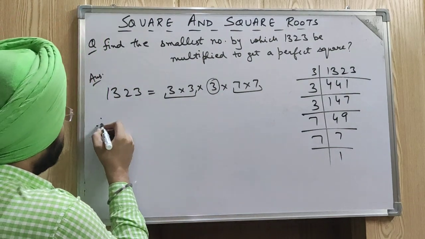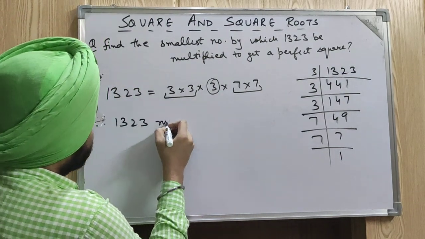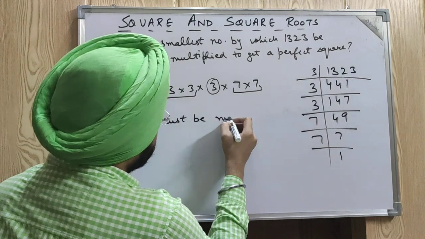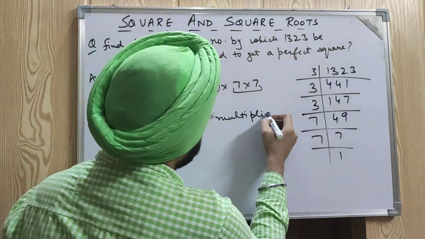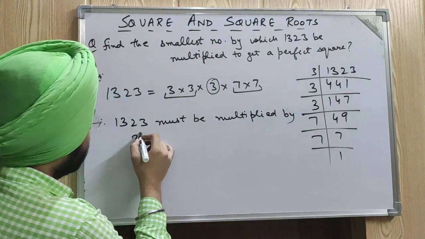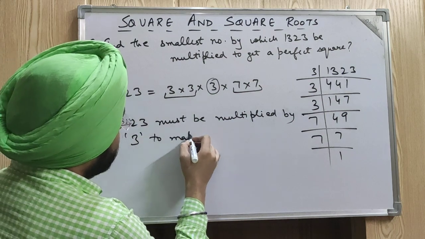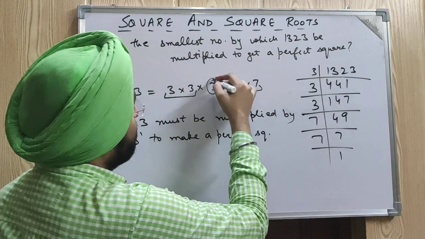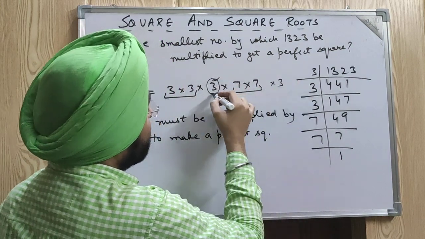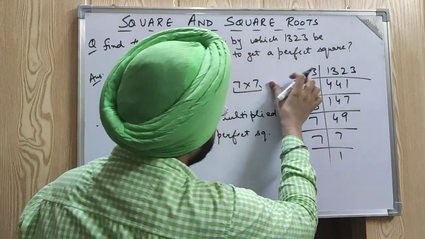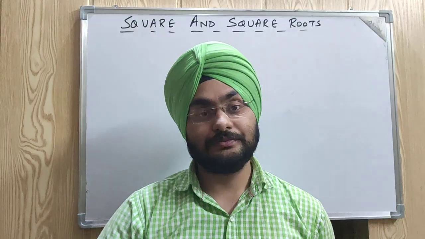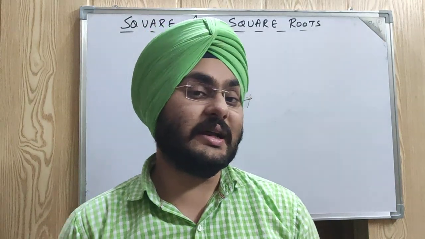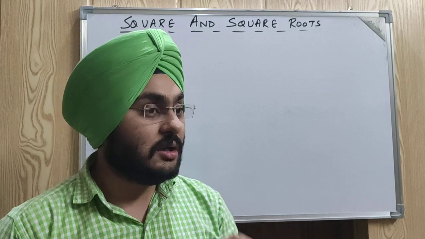So I will be saying therefore 1323 must be multiplied by 3 to make a perfect square. When you multiply this number with 3, if again there will be 3 and this 3 and 3 will make a pair here. So this will be your answer. So now in my opinion you are clear with all the questions which I have done earlier.